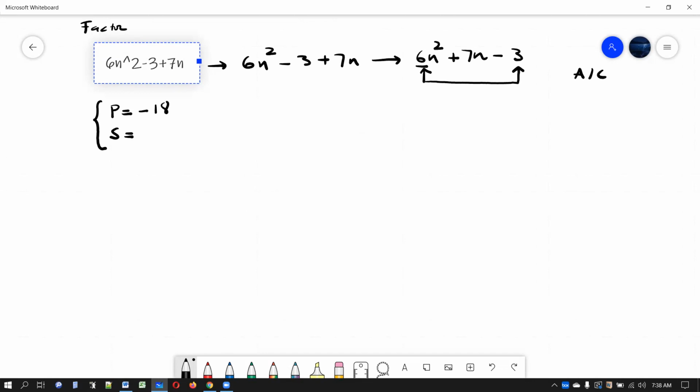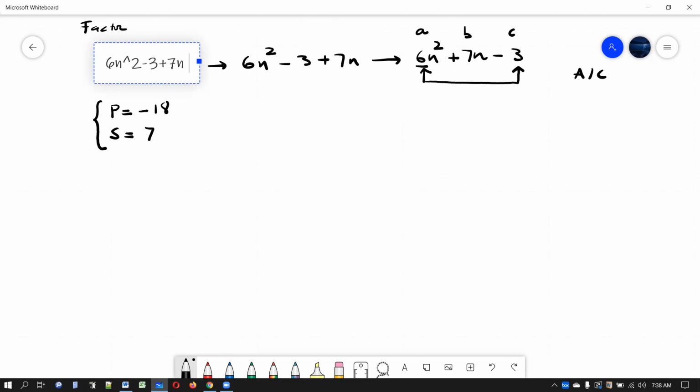And that's why we call it the AC method, because this 6 is A, the 7 is B, and the negative 3 is C. So A is 6, B is 7, C is negative 3. So my product has to be equal to negative 18. My sum has to be equal to B, which is 7.